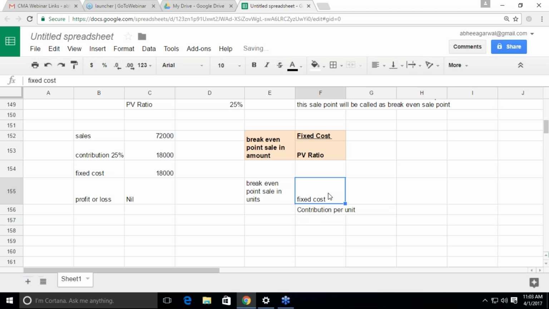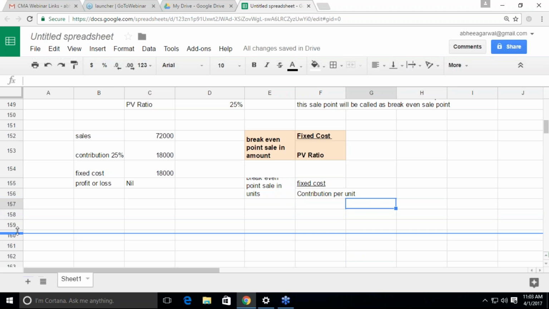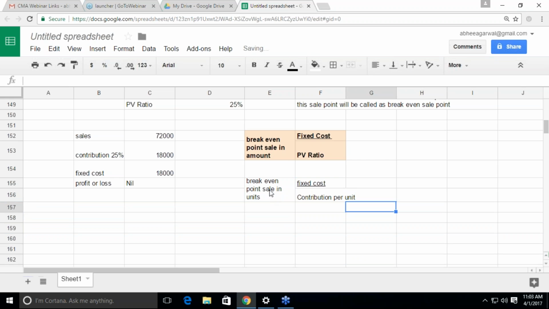By this calculation, fixed cost divided by contribution per unit, you can calculate break-even point sale in units. So these are very important formulas which you have to learn.